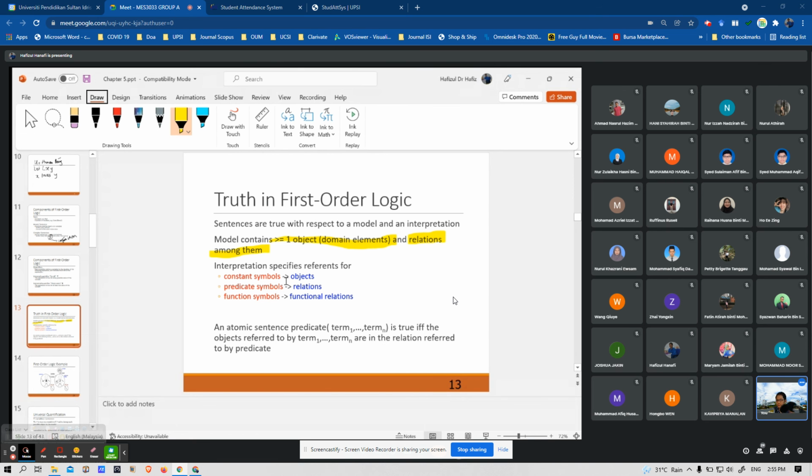Okay, we can have for all, and then we have fancy. Okay, we want to infer whether this one is true or false.